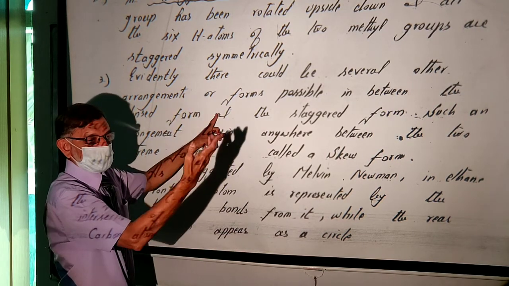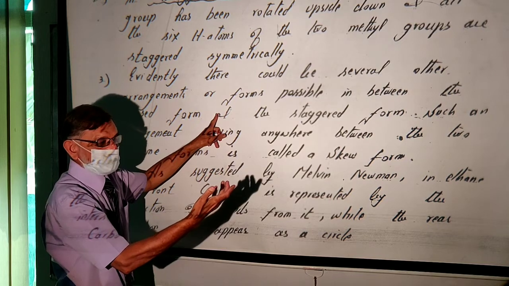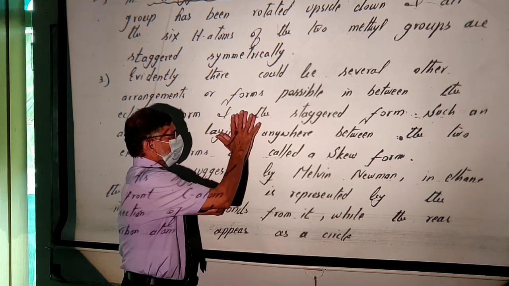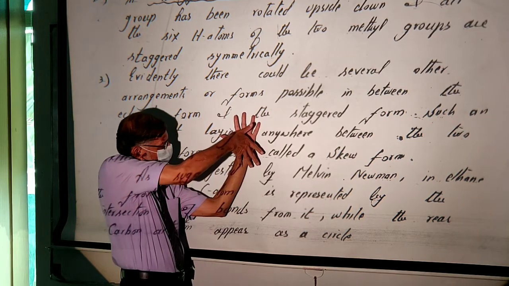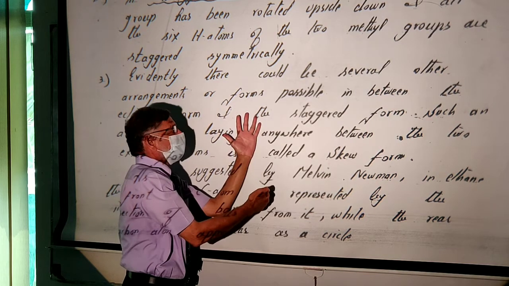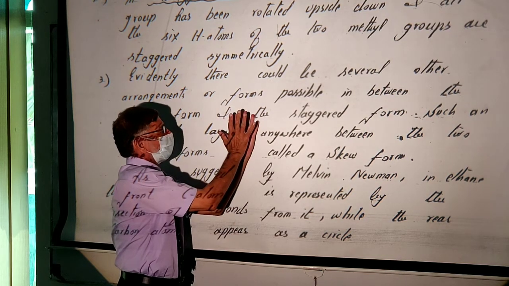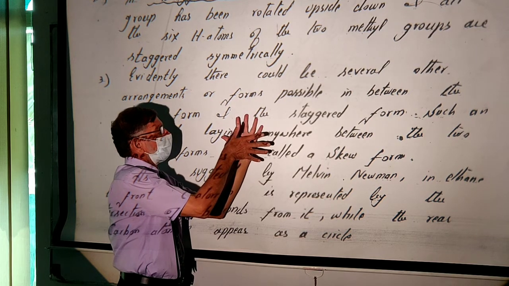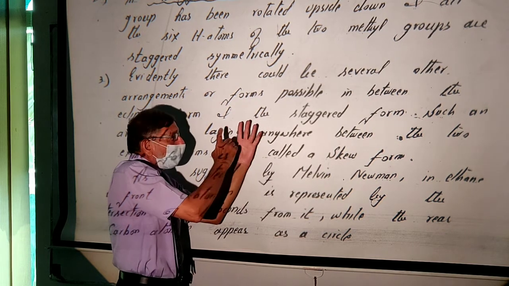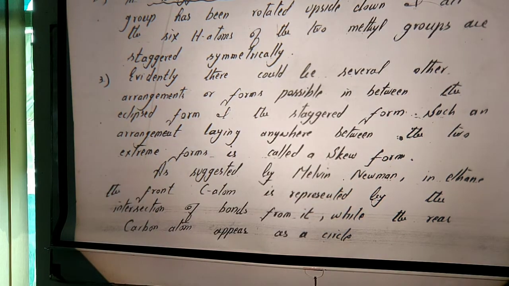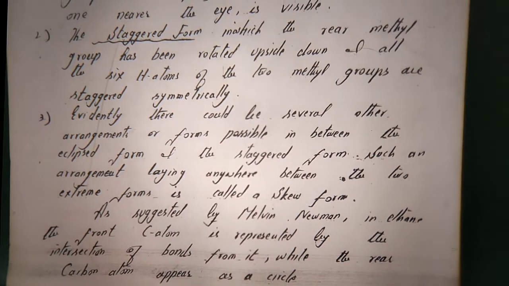Multiple skew forms are formed. So now you can understand eclipsed, staggered, and moving from eclipsed to staggered, we have to go through various forms. All these forms are designated as skew. So this was the thing which I wanted to explain to you.